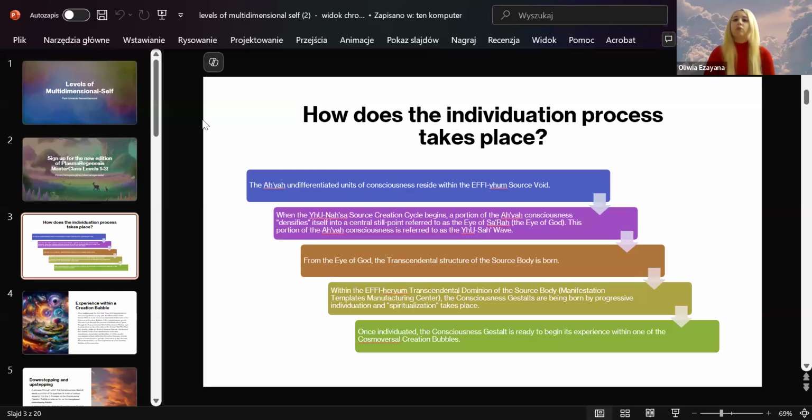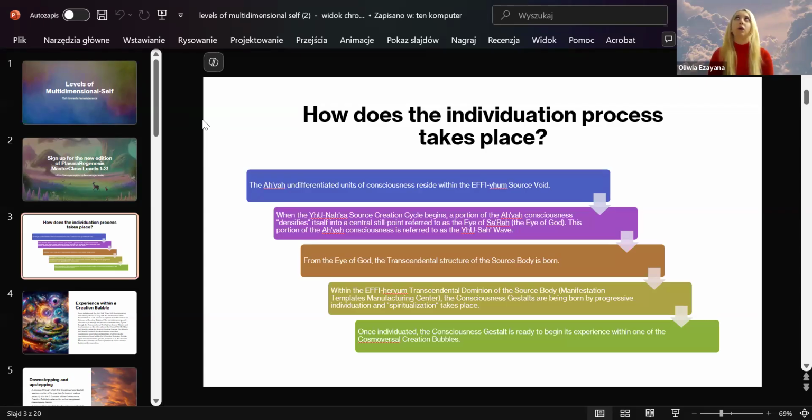So I will begin with kind of trying to just go through a little bit on something that is referred to as the individuation process. So how are we actually becoming individuals? Meaning we know that everything is a part of one larger source consciousness, but how all of this actually works?